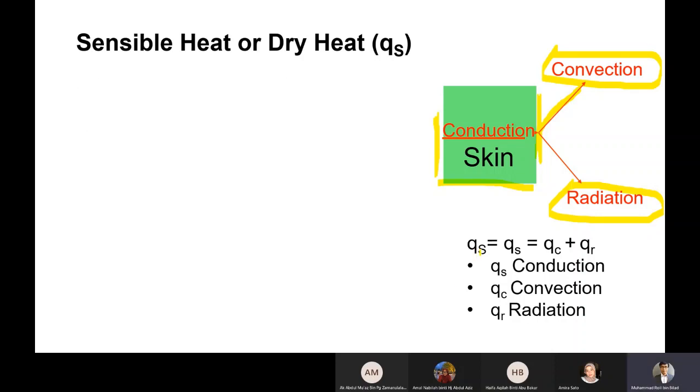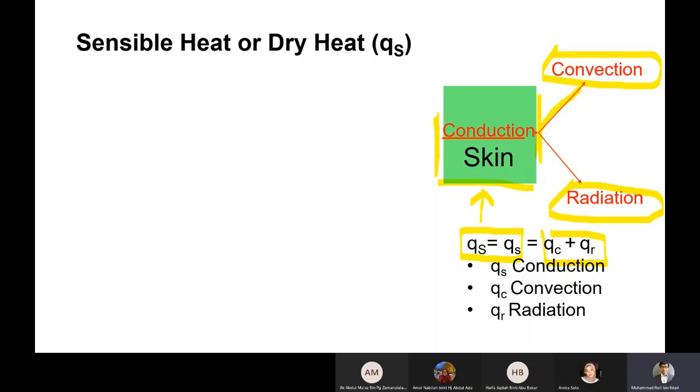Okay. So based on this mechanism, what we know is that we can use this to measure this part. We can calculate QS just based on the conduction, or we can measure it by estimating the rate of convection and the rate of radiation. So either of the two approaches will be okay.